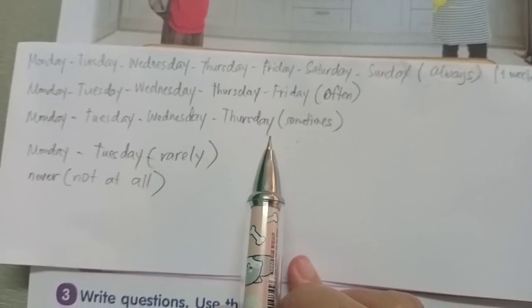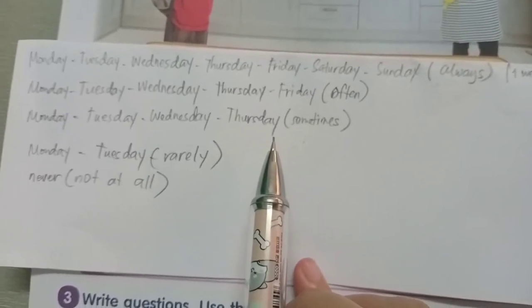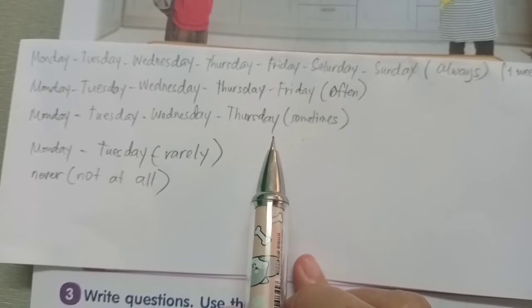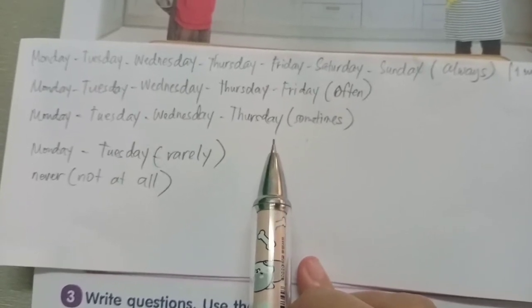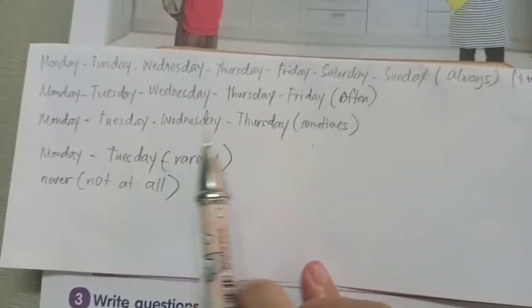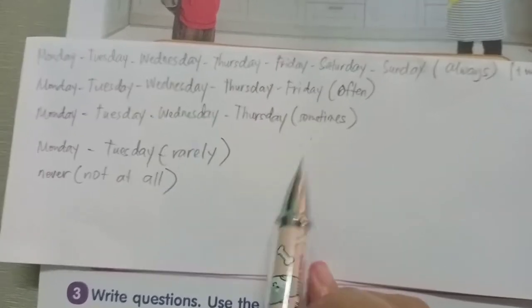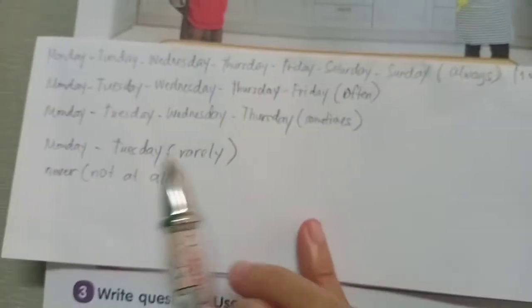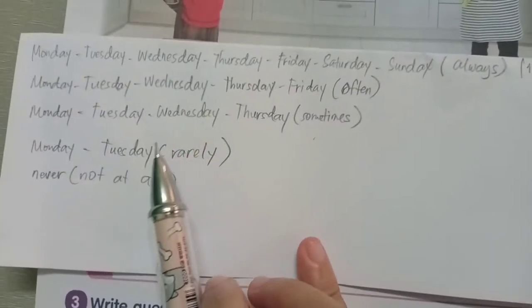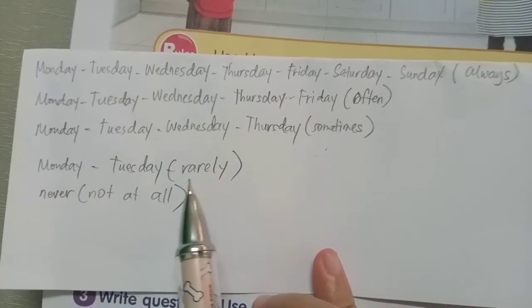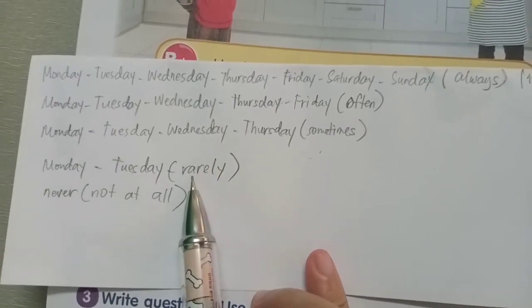So for example, how often do you go to Robinson to shop? Or how often do you go shopping? So you can say sometimes. You don't go shopping every day, right? So that's how we are going to look at this pattern. Okay, so sometimes, and here we have rarely.